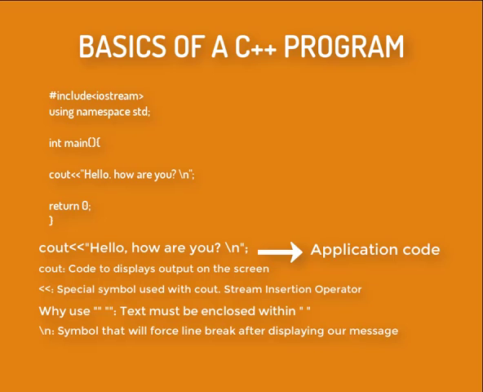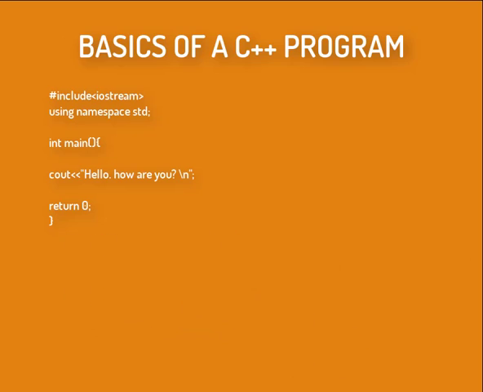So if there is more text that you want to display after hello how are you, backslash n will make sure that the text is not displayed next to this message, but rather on the next line. So backslash n essentially introduces a line break so that whatever output follows should go to the next line and not be displayed on the same line as this message.